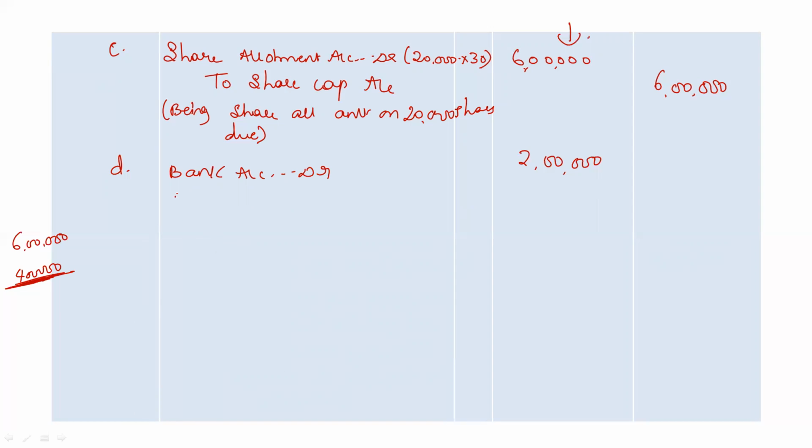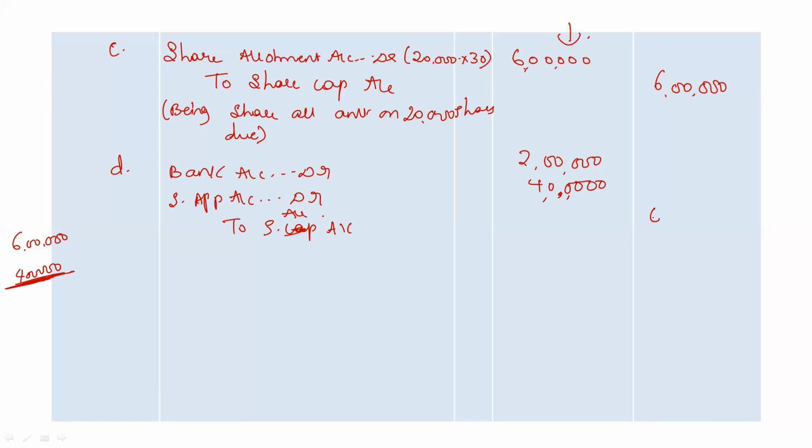So during application only, we have received certain excess amount, to share application account debit. We need to show here 4 lakh rupees was received during application. Excess amount was received during application. To share capital account. No, to share allotment account.